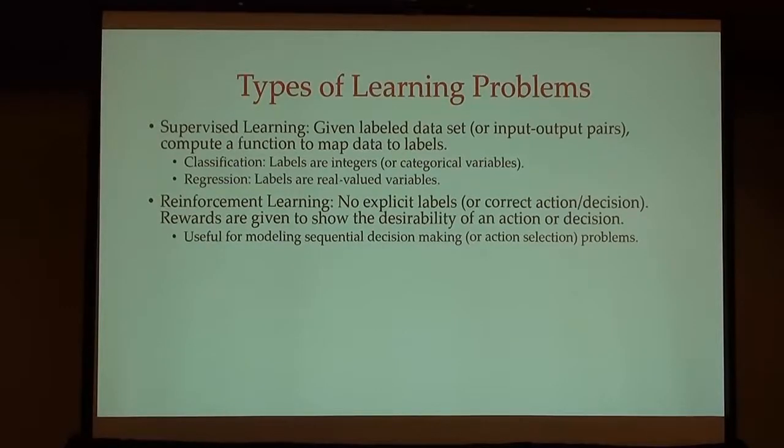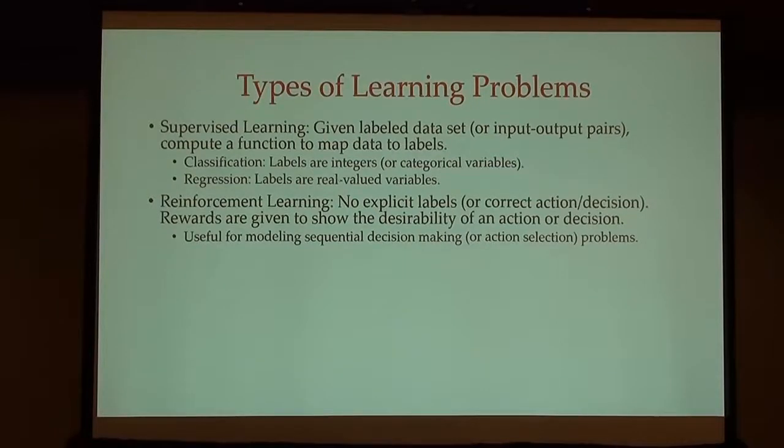However, in the reinforcement learning setting, you are not really given the correct value. What you are given is whether whatever you did currently was good or bad, some indication of that. What is the proper thing to do is never told. Okay? That is the fundamental distinction between supervised learning and reinforcement learning.